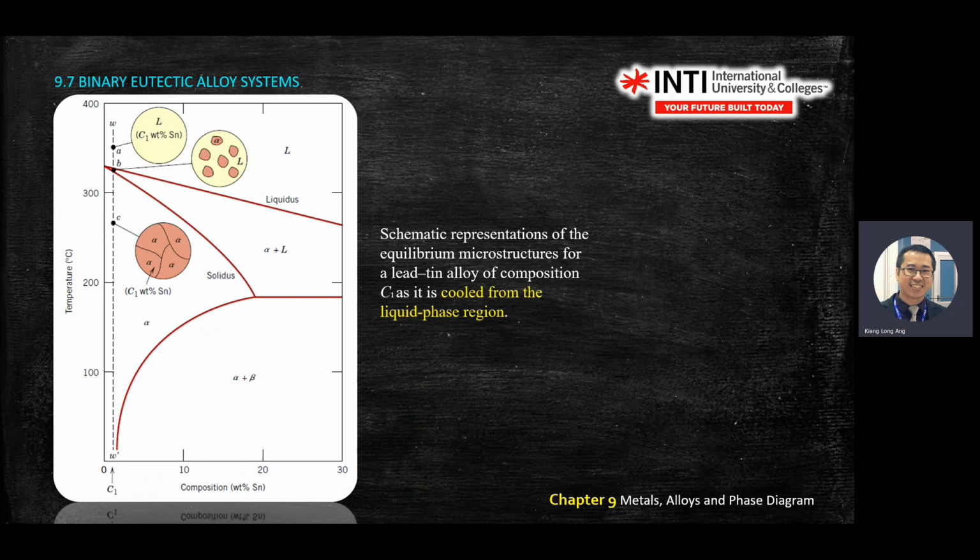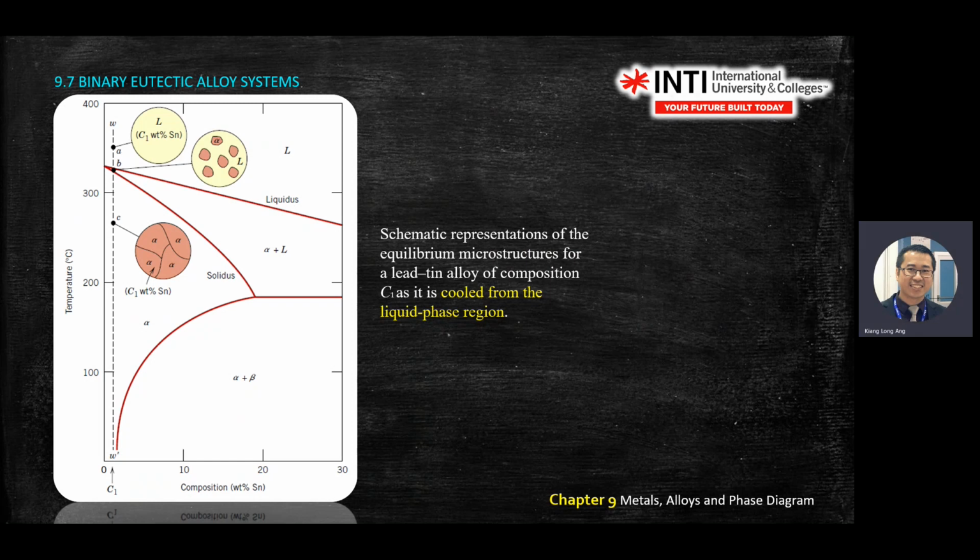On the top, liquid means 100% liquid. In the liquid, how many percent of Sn do you have? You drop down and read from the x-axis the weight percentage of Sn, C1 percentage. Then you reach B. At B, you have alpha and liquid because it's inside this small region.